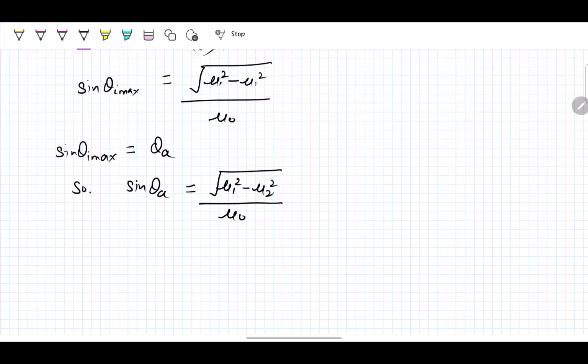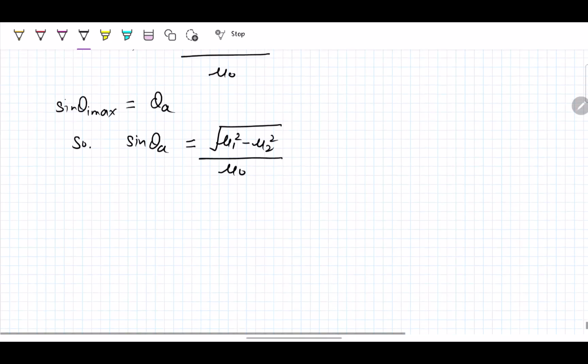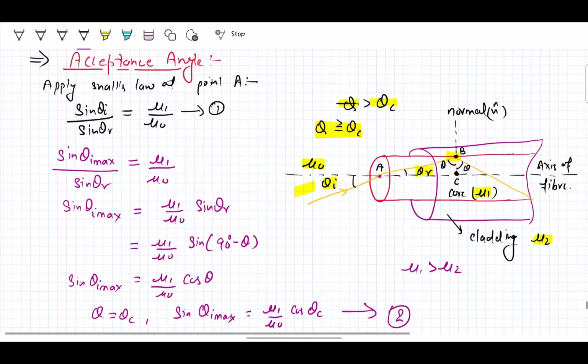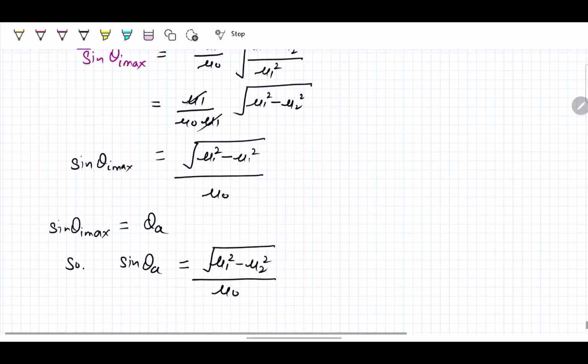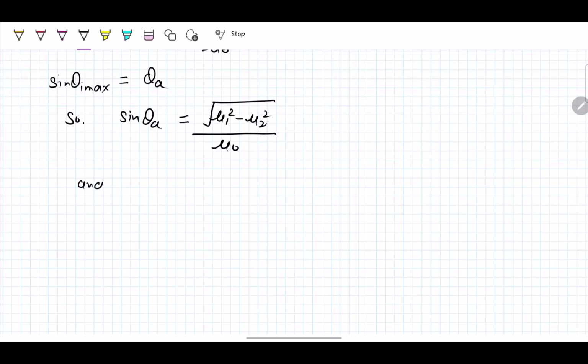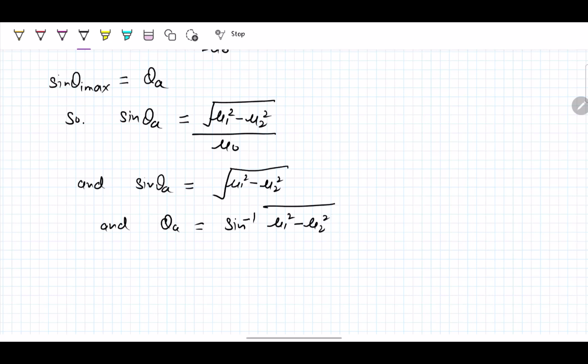Okay, so if the incident light is entering the optical fiber from the air medium, let's say this mu_0, then mu_0 is equal to 1 in this case, and sine of acceptance angle will become the square root of mu_1 squared minus mu_2 squared. The acceptance angle is equal to sine inverse of the square root of mu_1 squared minus mu_2 squared, and this is the expression to find the acceptance angle.